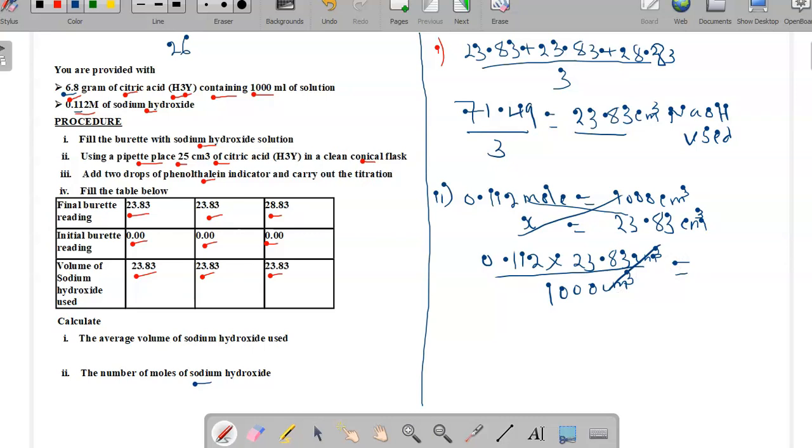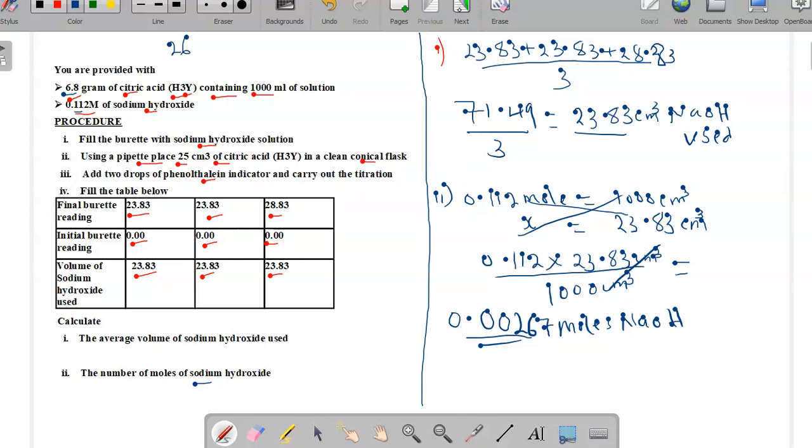You multiply 0.112 by 23.83 divided by 1000, then you get 0.00267. This is the number of moles of the base, which is sodium hydroxide solution. Okay, that's how you get it.